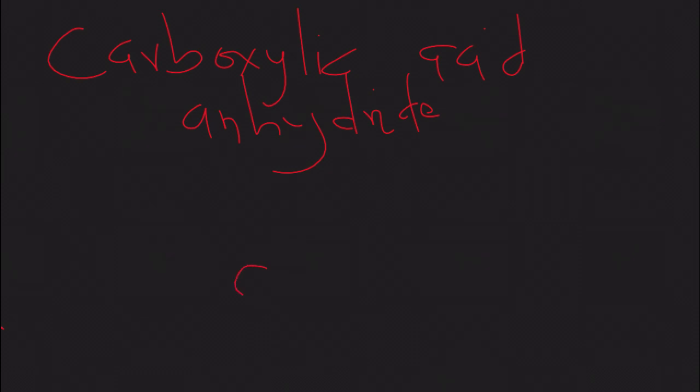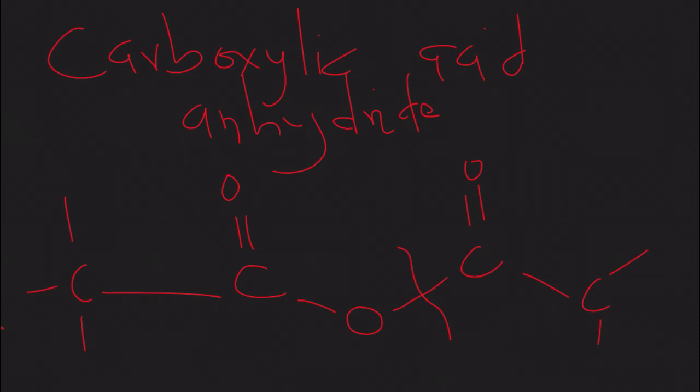When we said carboxylic acid is what? A carbon bonded to an O and has an OH, but here that O is next bonded to another carbon with a double bond O, and they both have their chains continuing. So we are just combining two carboxylic acid moieties to give us what? A carboxylic acid anhydride. Beautiful.